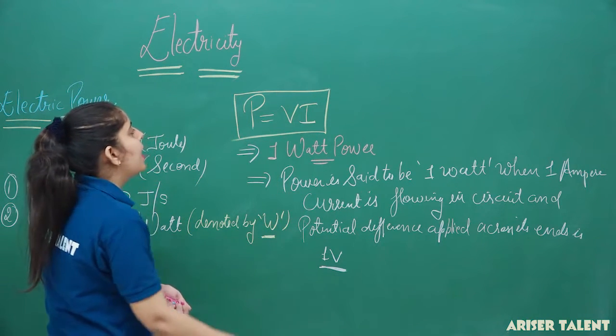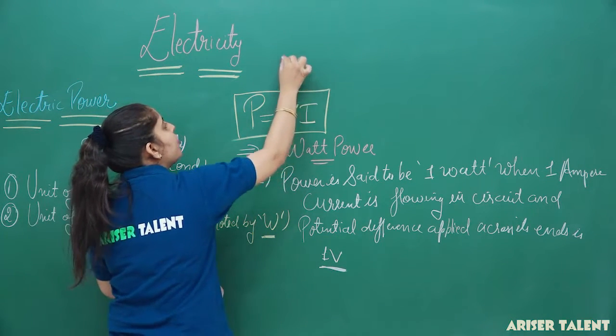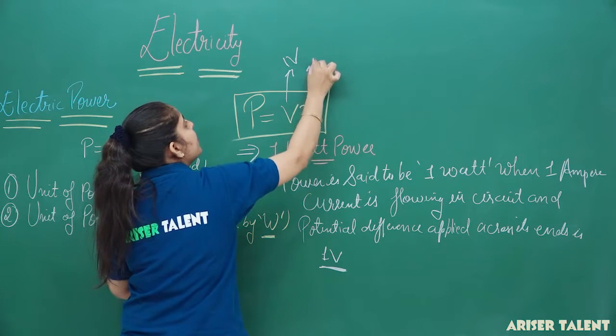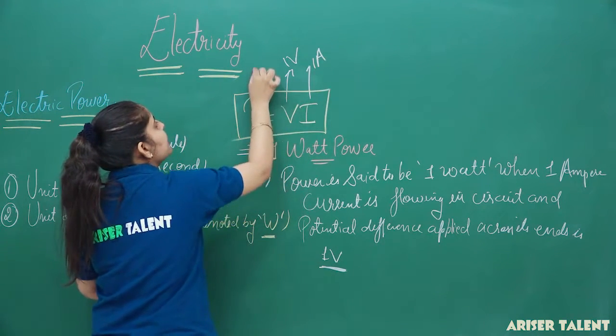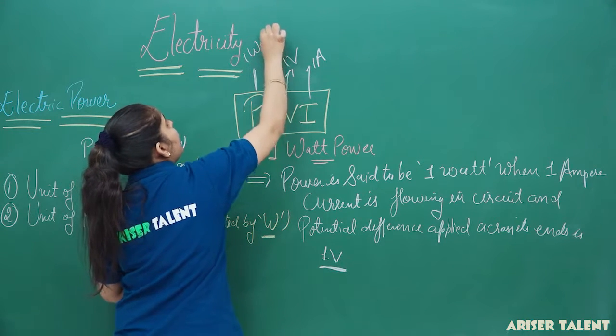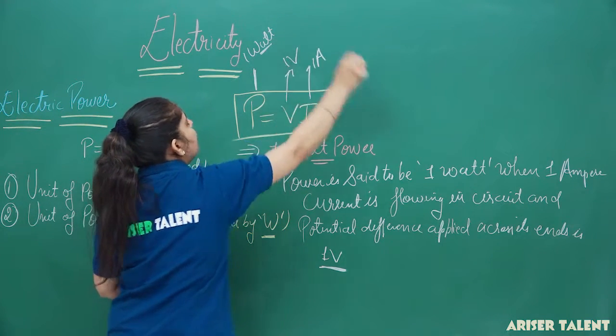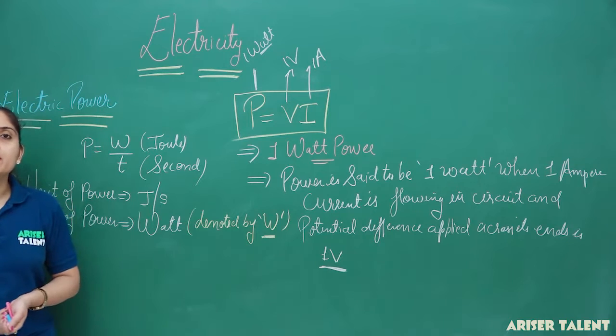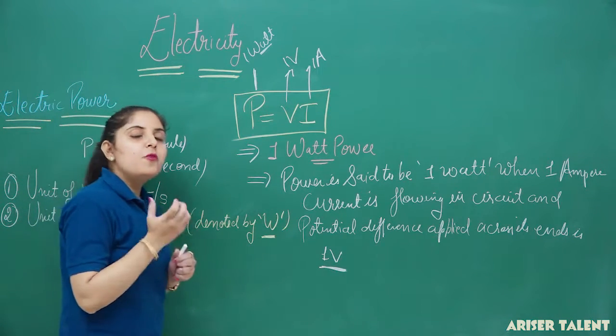It means अगर potential difference की value 1 volt होगी और सर्किट में 1 एम्पियर करंट फ्लो करेगा तब हम ये कह सकते हैं कि पावर कितनी होगी? पावर होगी 1 watt.